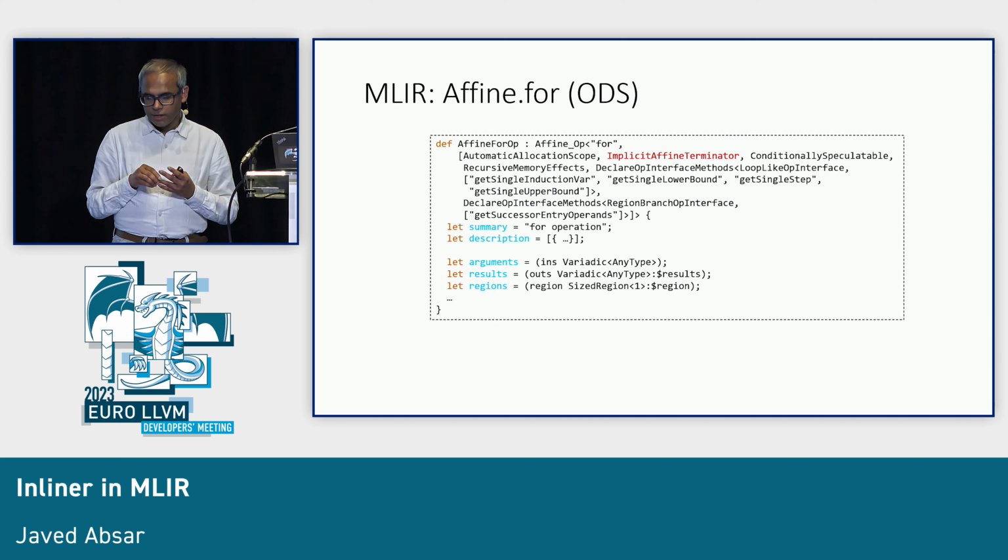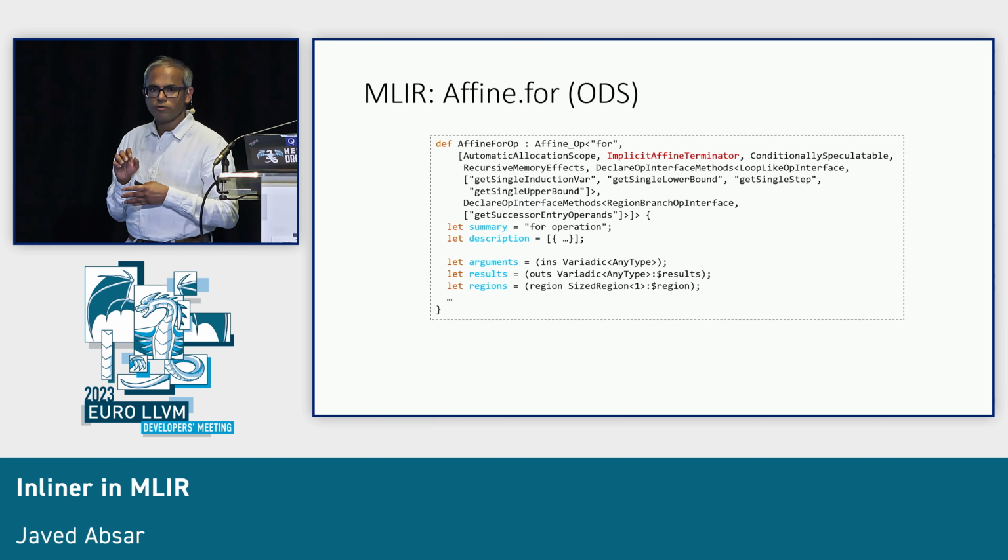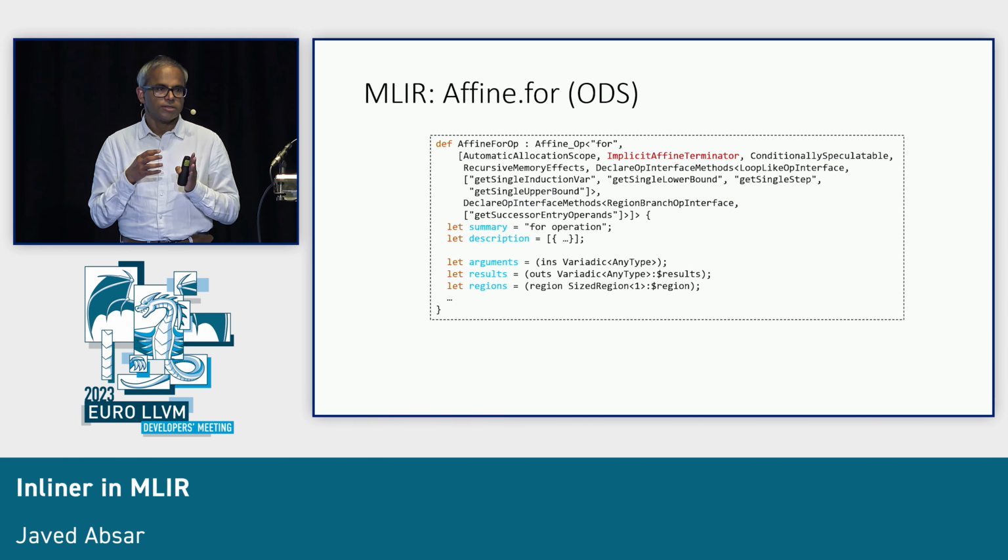No matter what your semantics is, it would have this kind of structure where you have a set of arguments for your op, a set of results, and zero or more regions. In this case, the Affine.for has a region with one basic block. And then at the top, you see a list of traits and interfaces.